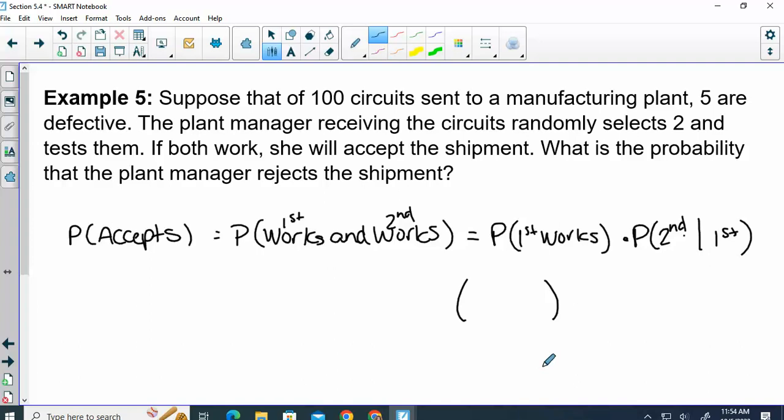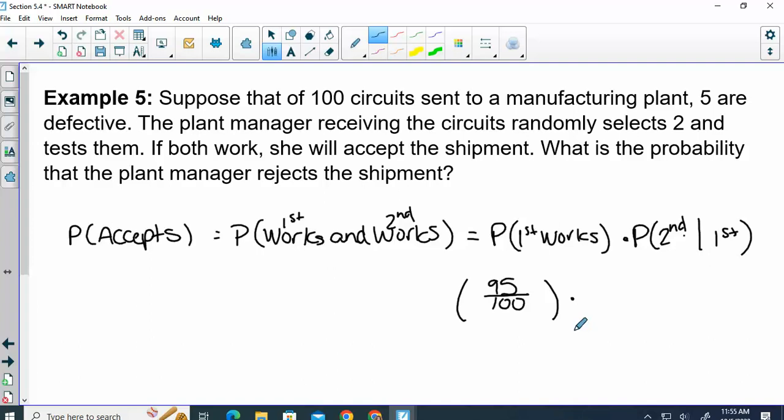All right, so the first one working. How many total circuits do we have? 100. So that's my denominator. Out of those, how many work? 95. Okay, so what happened? The inspector came, she took one out, she tested it, it worked, she set it to the side. So given that the first one already worked, when she went back, how many circuits do we have?